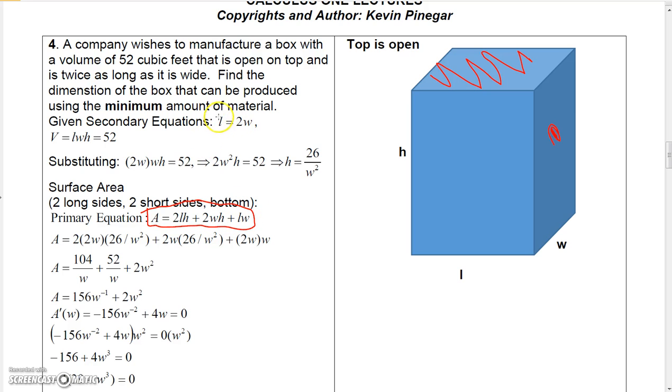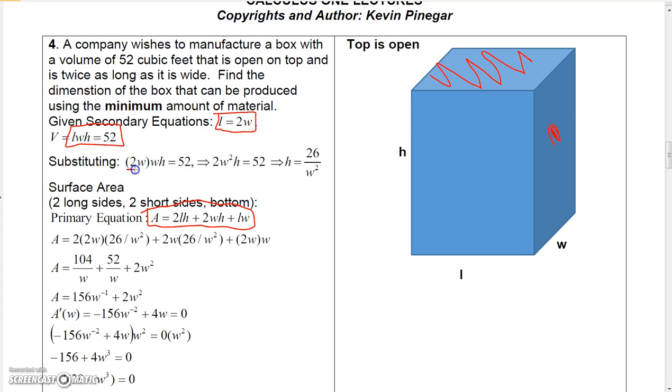All right. Well, we know that the length is equal to twice the width. That's what we were given. We're also given that the volume is 52. So we know the length times width times height is 52. So let me show you how we're going to manage this. Since length is twice the width, I'm going to replace the length here with 2W.